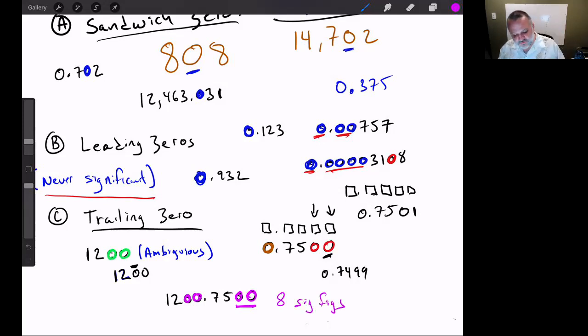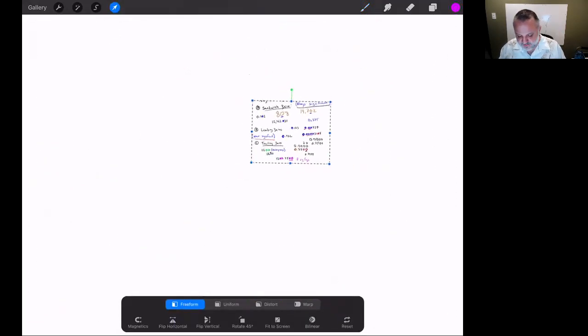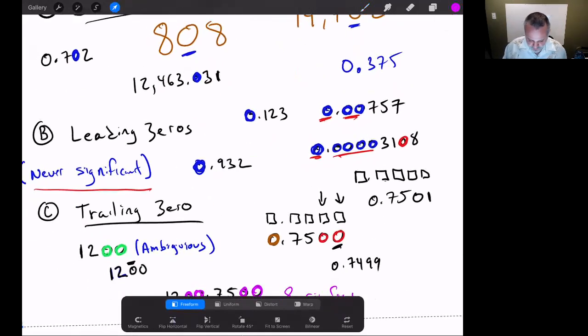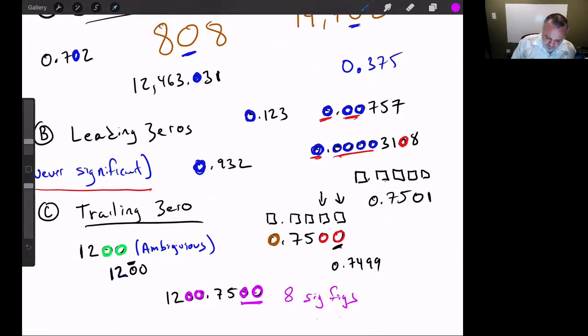Now you should be able to take essentially any number. One other thing I could have done with 1200 to represent how many significant digits there are is to write the number in scientific notation. In scientific notation, we include all of the significant digits.